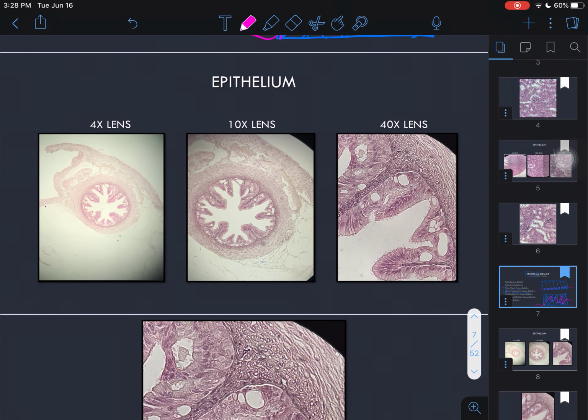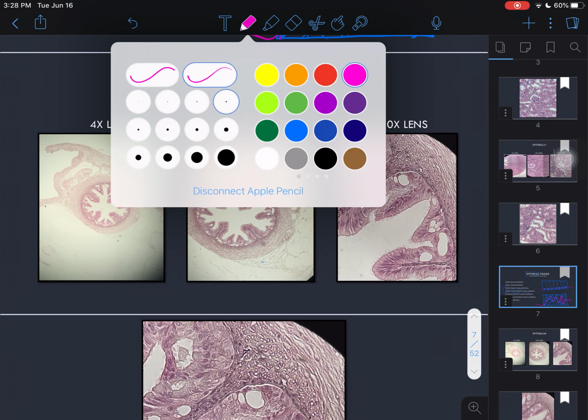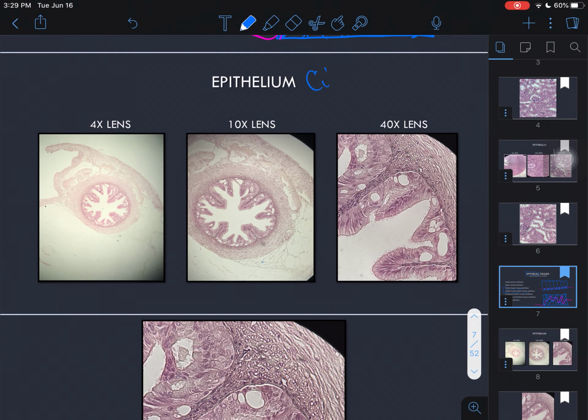So this one right here is the ciliated simple columnar. Okay. One way to tell off the bat that this is a different tissue is this kind of star shape you see right here on the 10x lens, which remember is 100x magnification, right?